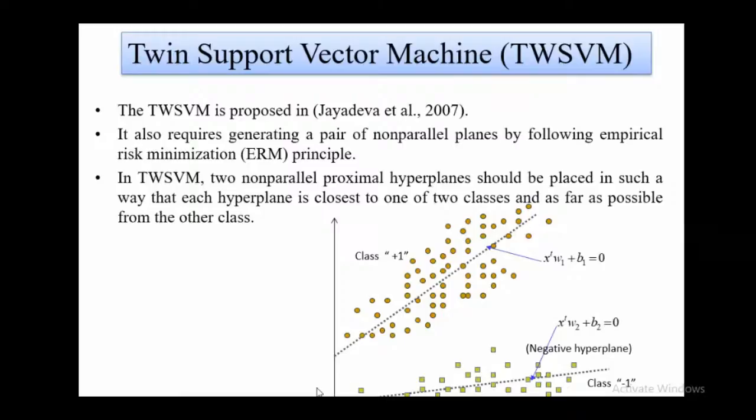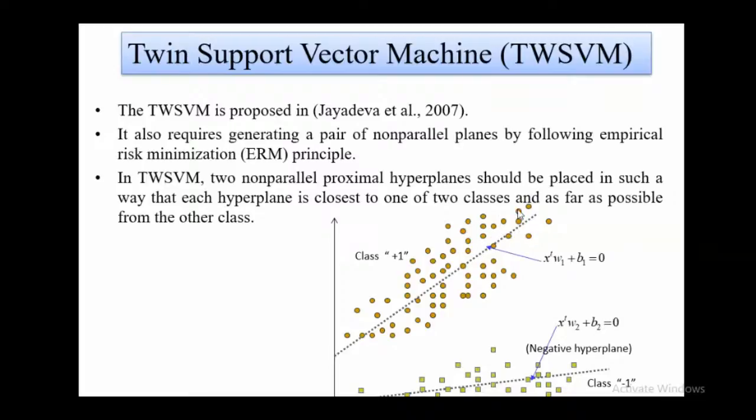So here, whatever the class 1 data points are, we find the perpendicular distance from this hyperplane. Because we want to put this hyperplane near to all these data points, we are trying to minimize the error.